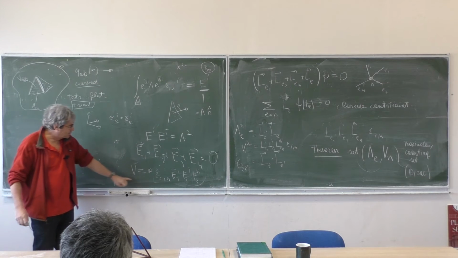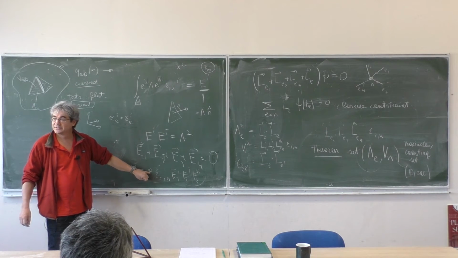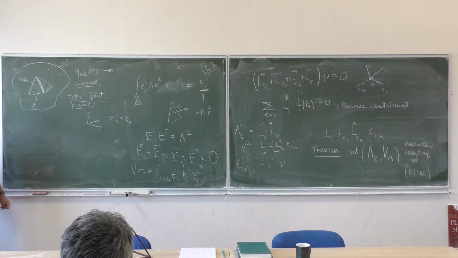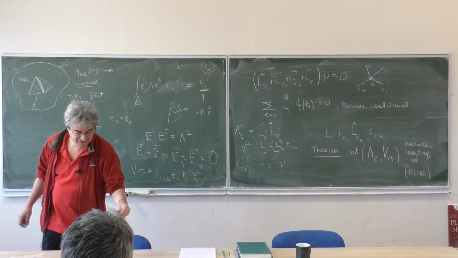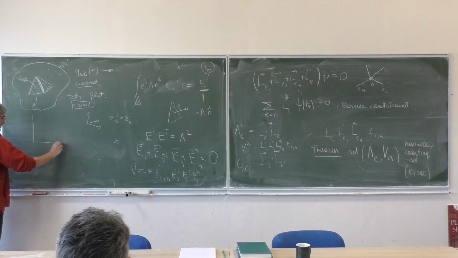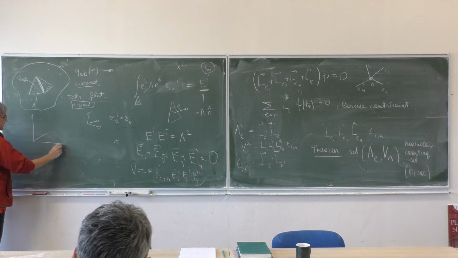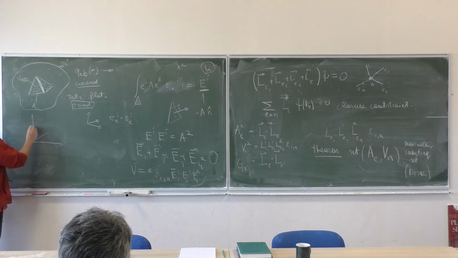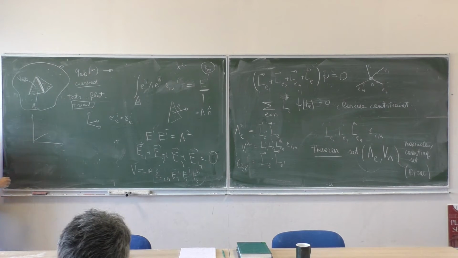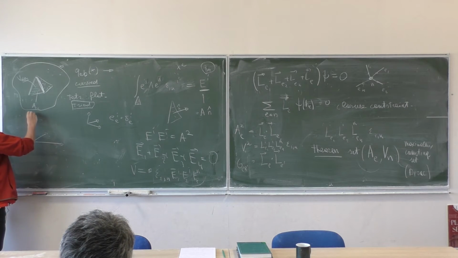Now, just to make things a little bit concrete, let's compute this number here. It's very easy. This has to be the same for every tetrahedron, so let's not use a regular tetrahedron like this one. Let's use a tetrahedron which has length 1 in the x direction, length 1 in the y direction, and in the z direction, in Cartesian coordinates.